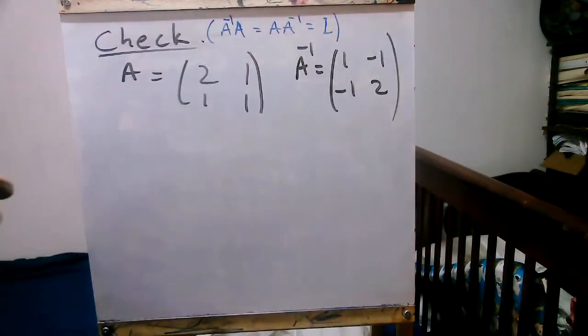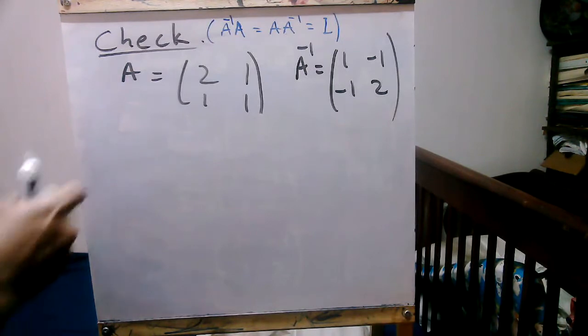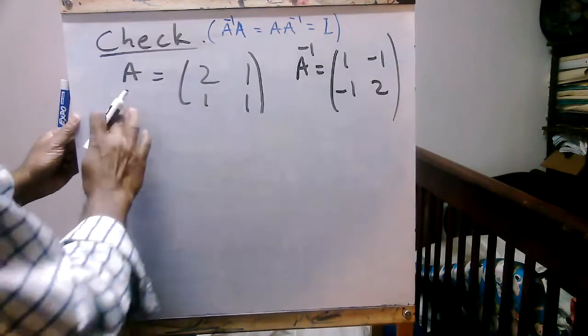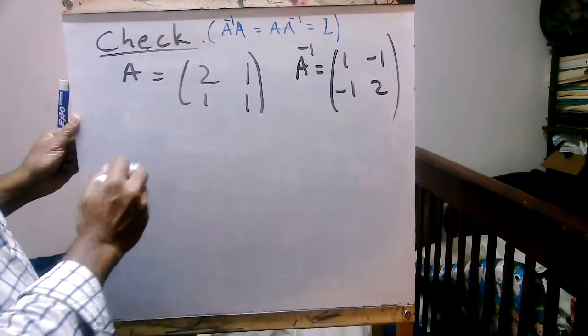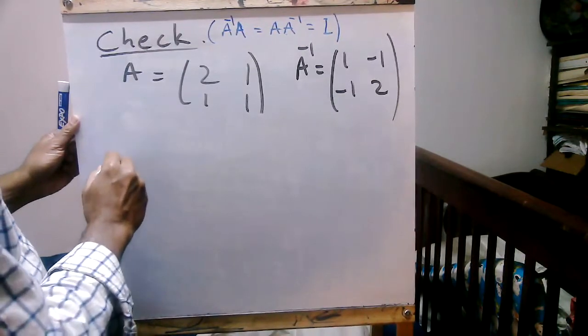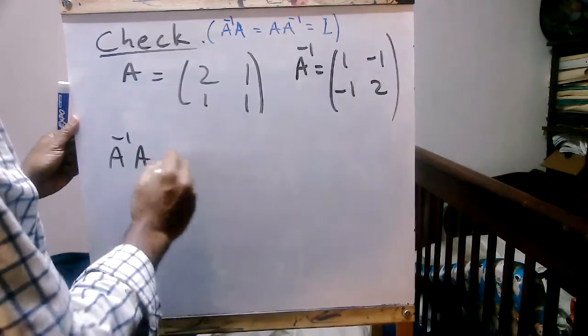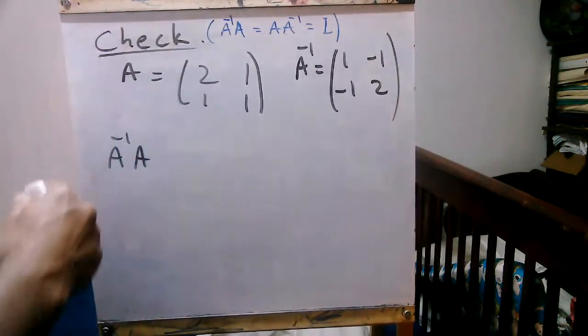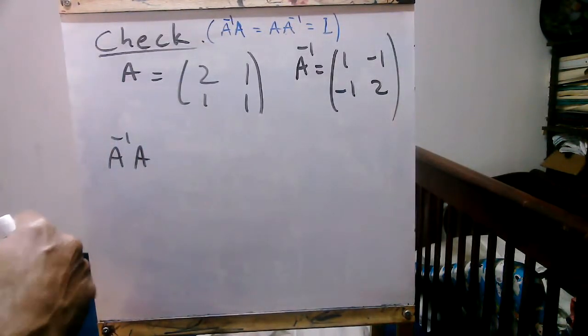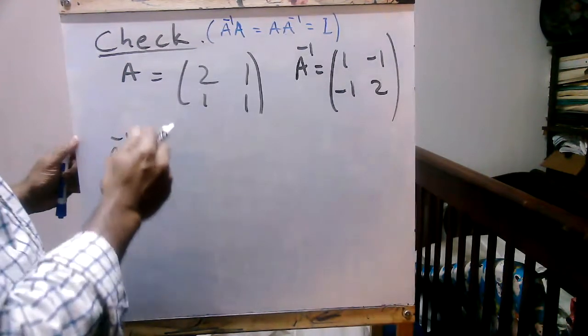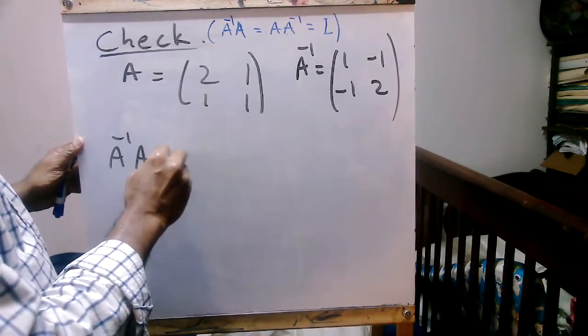So let's multiply A inverse A. I let you multiply A and A inverse by yourself. I'm doing A inverse times A.